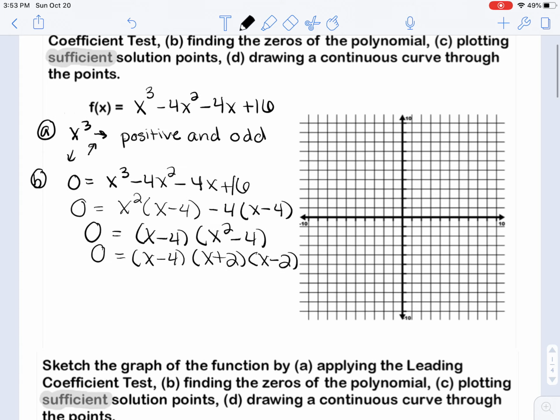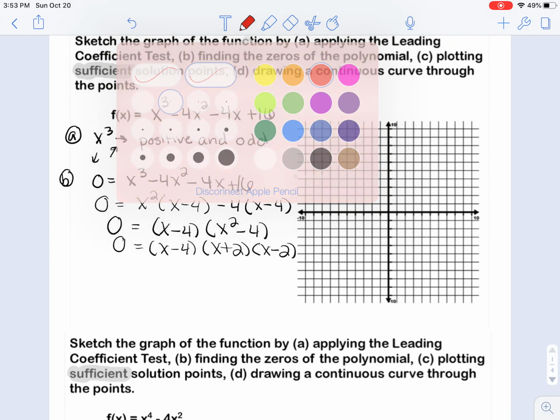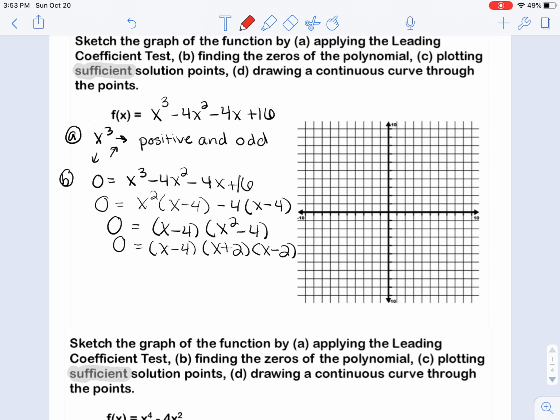All right, so if you look at this factored form, it's very easy to tell you the multiplicity. Here, x minus 4, there's no square, so that means it's just to the first power. So this is going to have an odd multiplicity. x plus 2, there's no exponent as well, so it's an invisible 1, so that has multiplicity 1. And x minus 2, there's only 1, right?